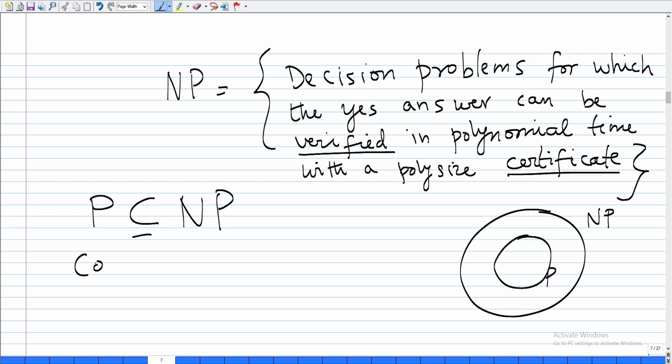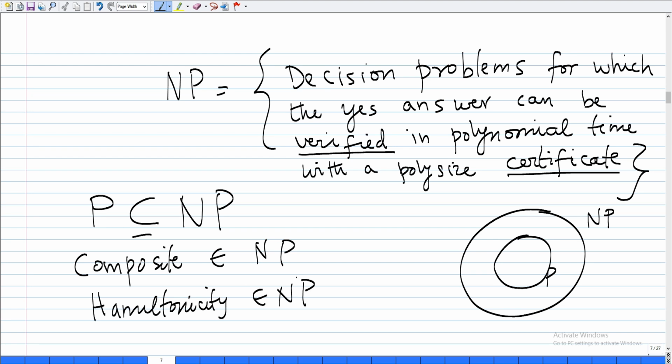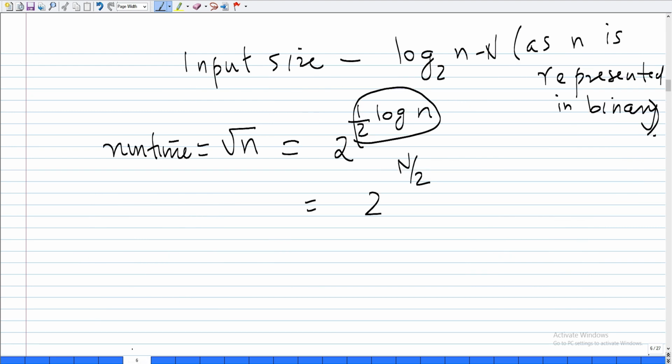So, compositeness is the problem of whether it is composite, Hamiltonicity. I mentioned this prime.